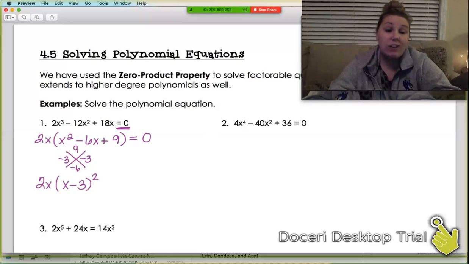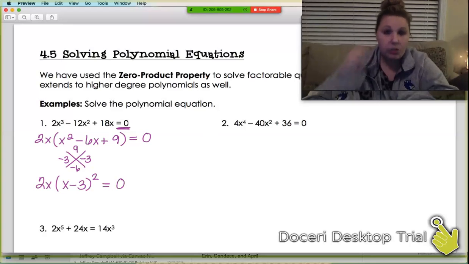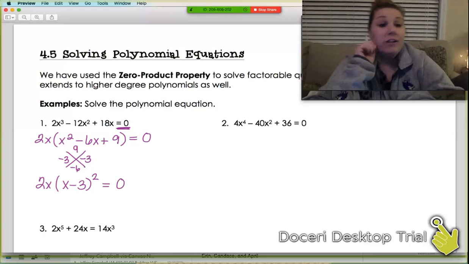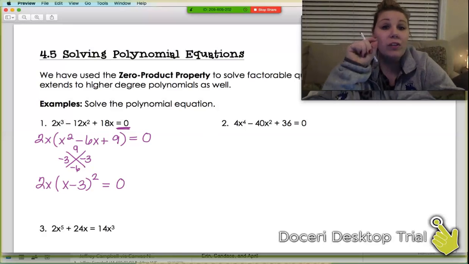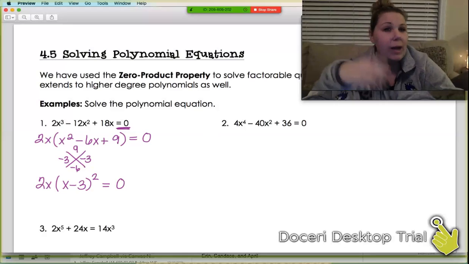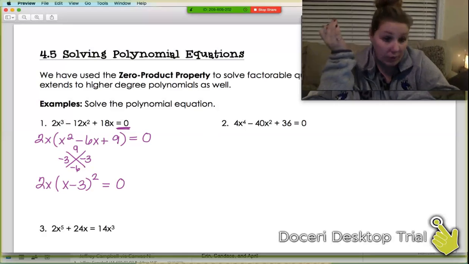And it's going to be squared because I'm going to get the same factor times itself, and that's equal to 0. So even though that squared stands for 2 factors for a total of 3, I really only have 2 different factors. I have a 2x and I have an x minus 3 that just happens to be repeated. So that's just called a repeated root when we solve.